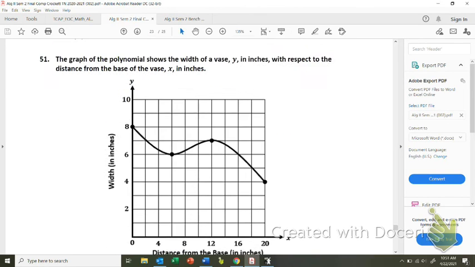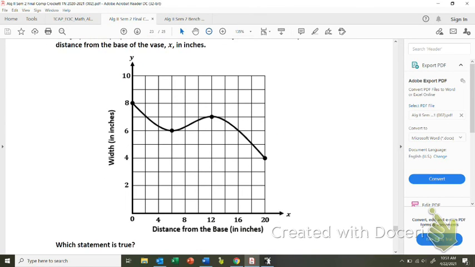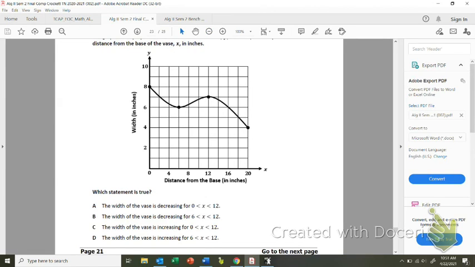All right, 51, we are looking at this chart, okay? We know to look at the x-axis because if you look here, it has all x's. So it's wanting to know from 0 to 12. It says it is only decreasing. Well, no, it's decreasing, but then it's also increasing. So that's not it.